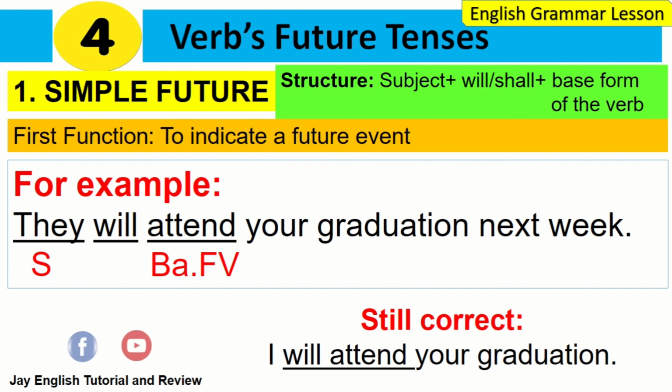While in the second one, I will attend your graduation, we don't indicate a specific time in the future when your graduation is going to happen. But still, by using the structure will attend, it already signals that the event is going to happen in the future. Okay? By looking at the structure itself, will attend.